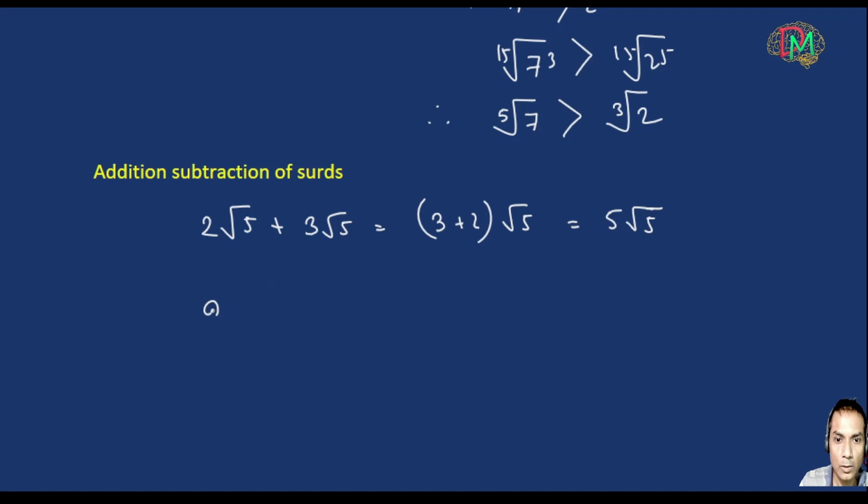The general expression: if we take the nth root of x, with coefficients a and b, we can write a plus or minus b times the nth root of x. Clear?